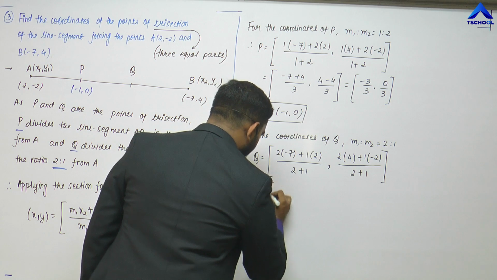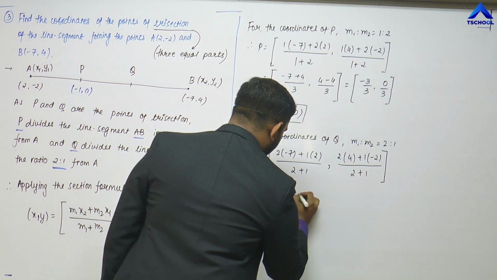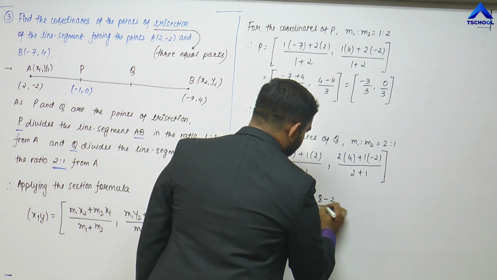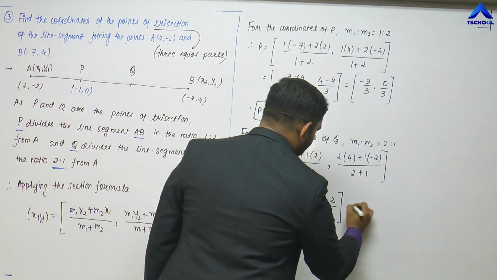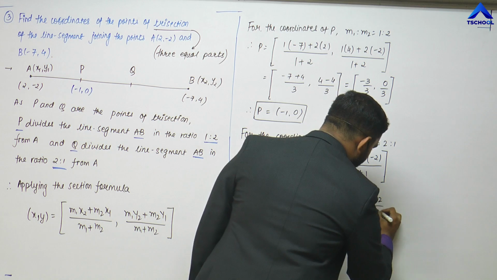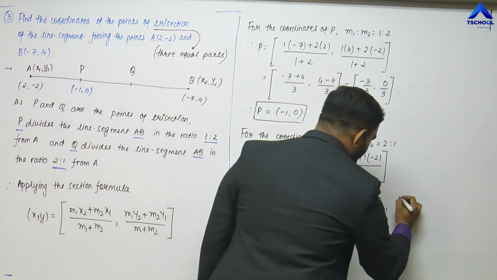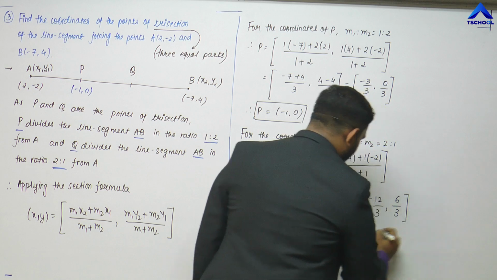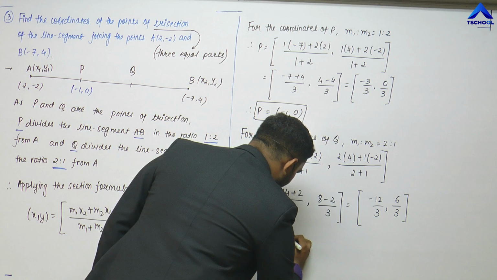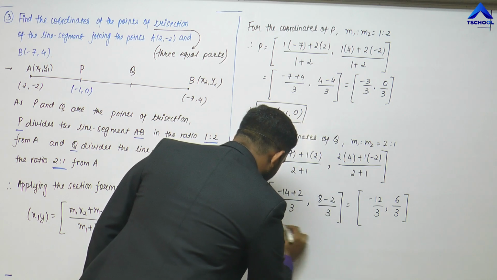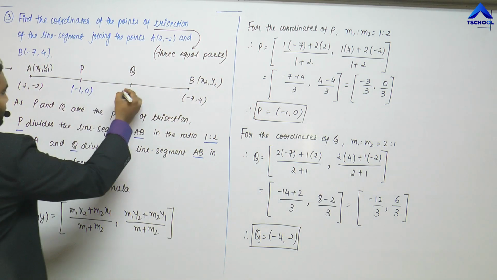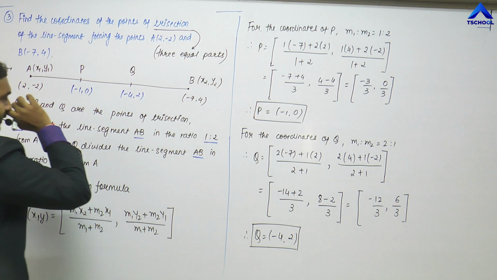That equals minus 14 plus 2 upon 3 comma 8 minus 2 upon 3. Let me simplify this. Minus 14 plus 2 is minus 12 upon 3, and 8 minus 2 is 6 upon 3. Therefore Q equals minus 4 comma 2, and these are the coordinates of the point Q, that is minus 4 comma 2, right?